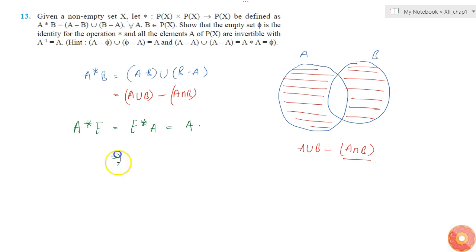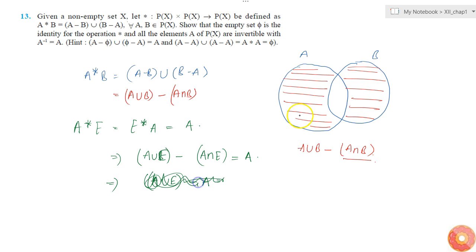So that means A union E minus A intersection E is equal to A. So that implies A union E minus A, which means that this whole red part is equal to A.